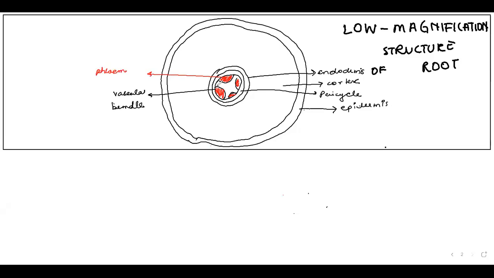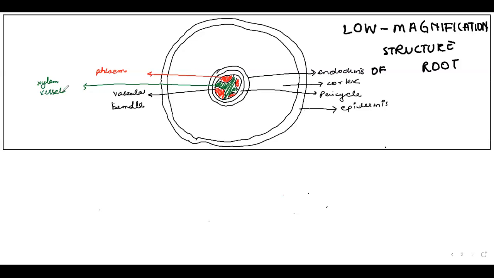And then these cells that you will see in the very center are your xylem vessel cells. And this is what the structure is going to look like when we talk about our root.